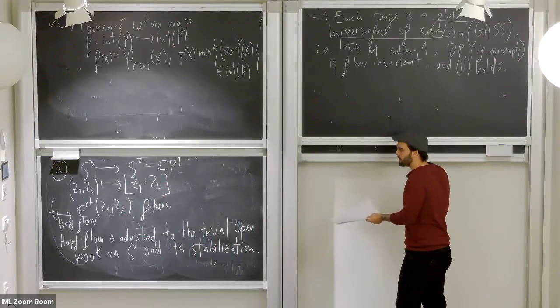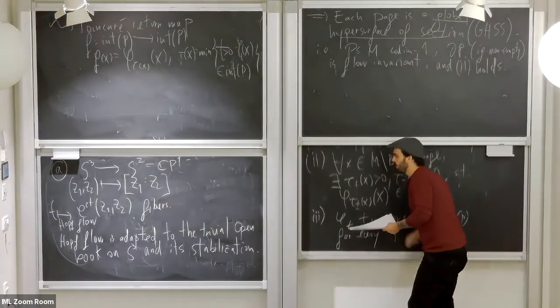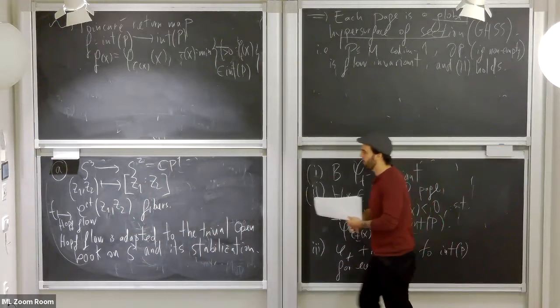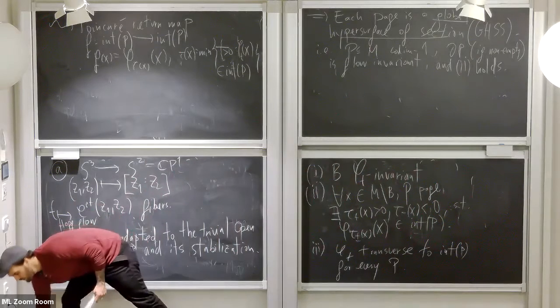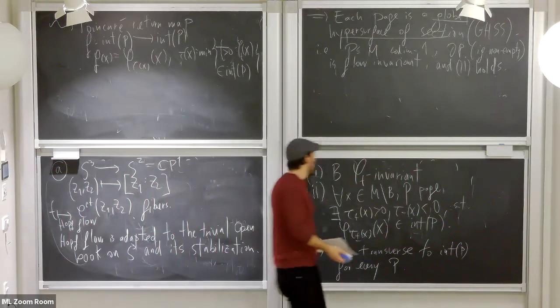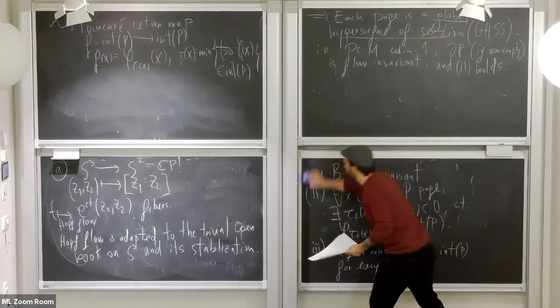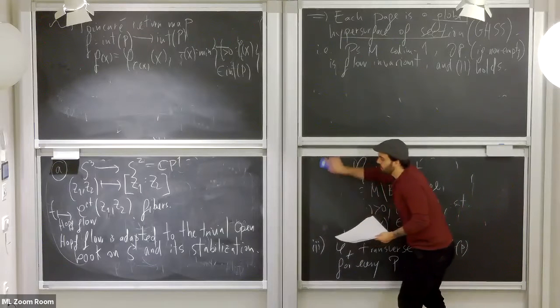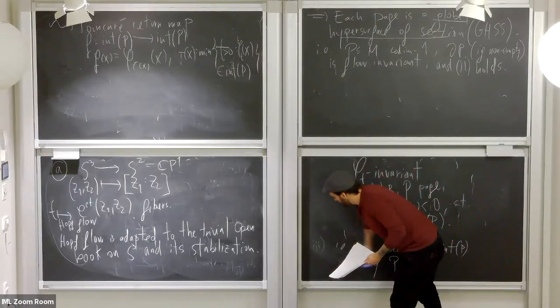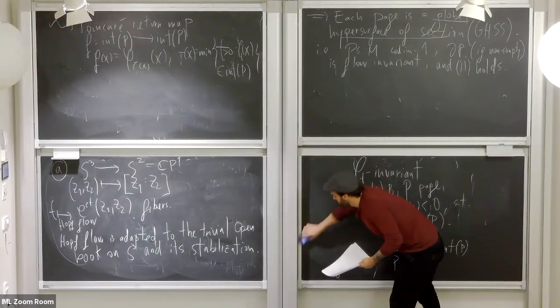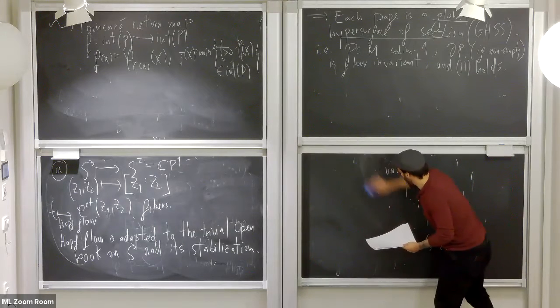But this example, although very elementary, actually does show up in the three-body problem because, remember that the geodesic flow in S2 appeared in the three-body problem, and the double cover of RP3 is S3.